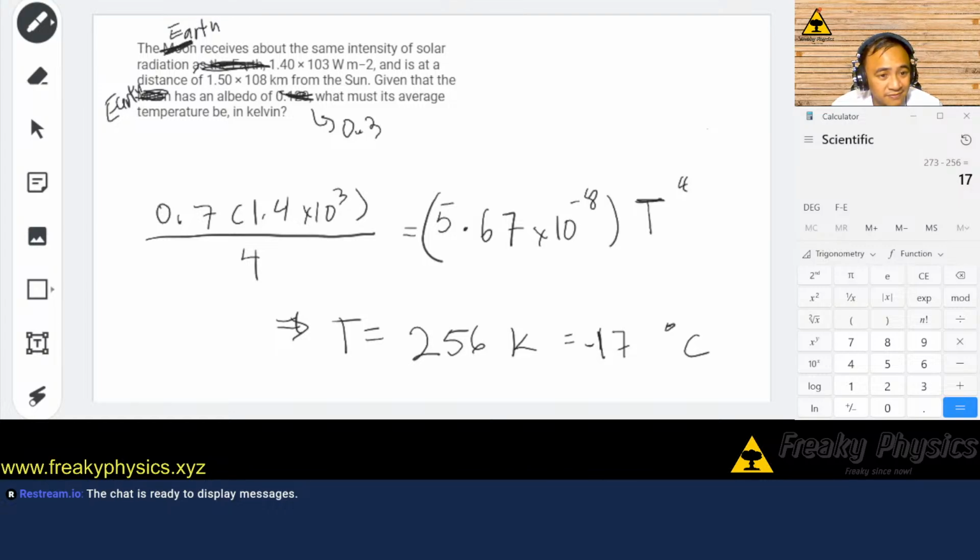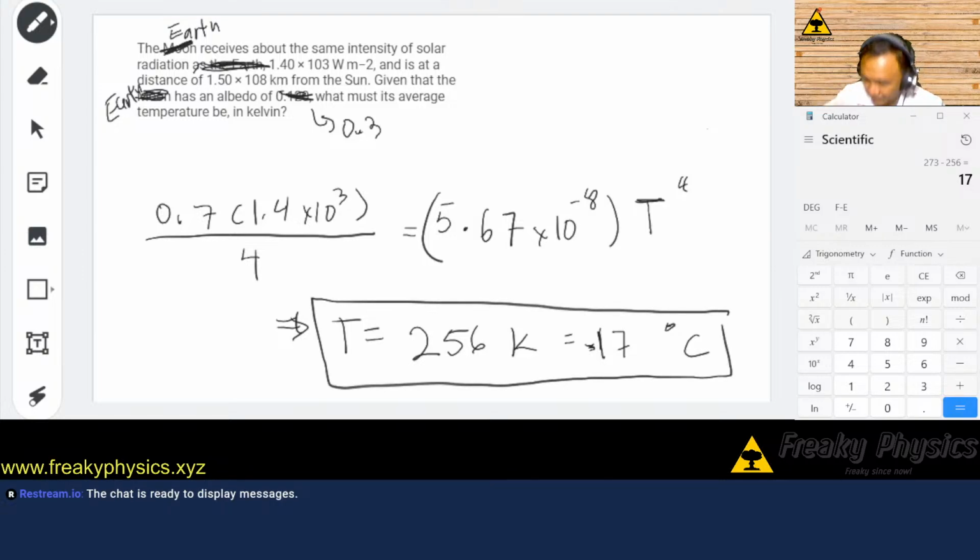I put the number wrong. Okay, yeah, negative 17 degrees, right? So that makes sense, because since the Earth reflects more light, it should be colder than the moon. But it's not, right? So this is where we stopped last time, and this is where we will now continue.